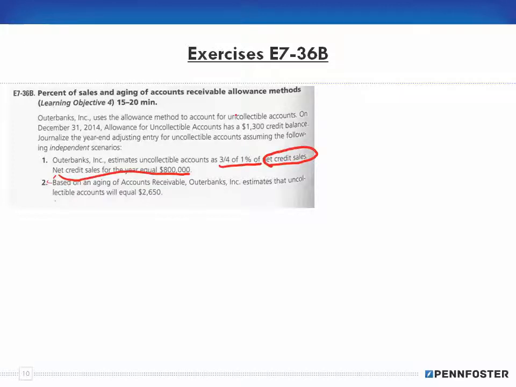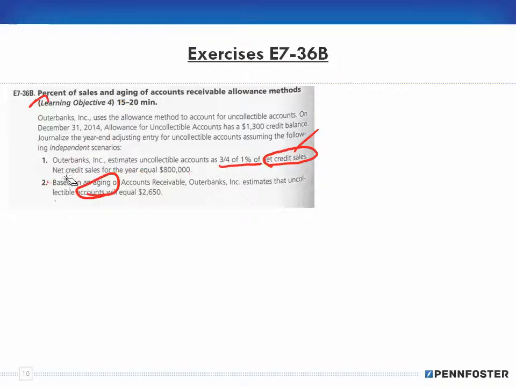Well, the percent of sales method uses the credit sales information. Aging method doesn't. So number 1, you're using the percent of sales method. And then of course number 2 here, it says based on the aging, so for number 2, you'll use the aging method.